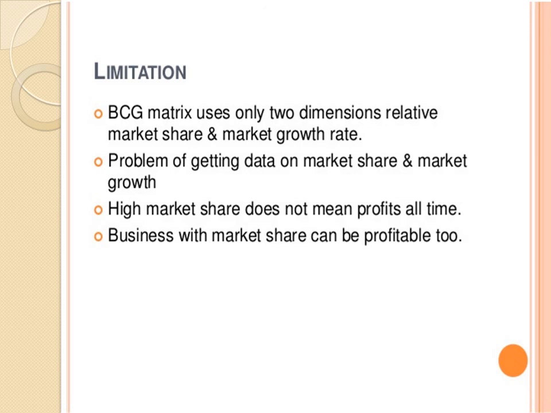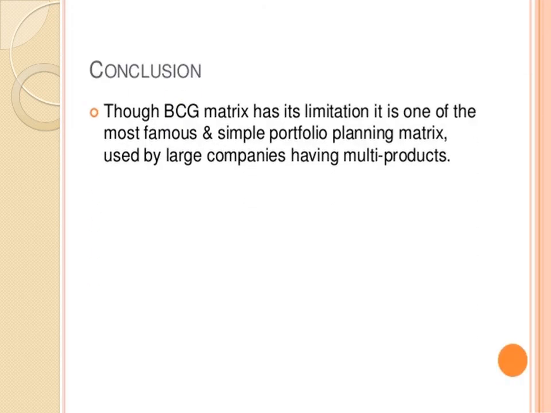So these are some of the limitations, because you are considering only the market share and market growth. Other points are not considered here. Also, the primary sources of cash for the firm may not be captured.